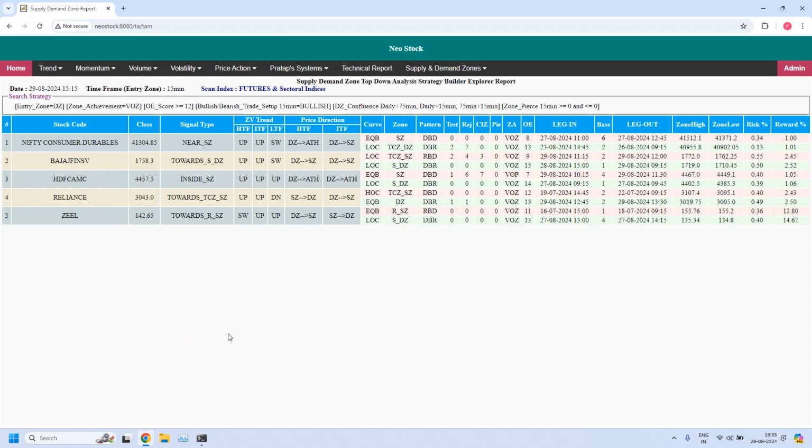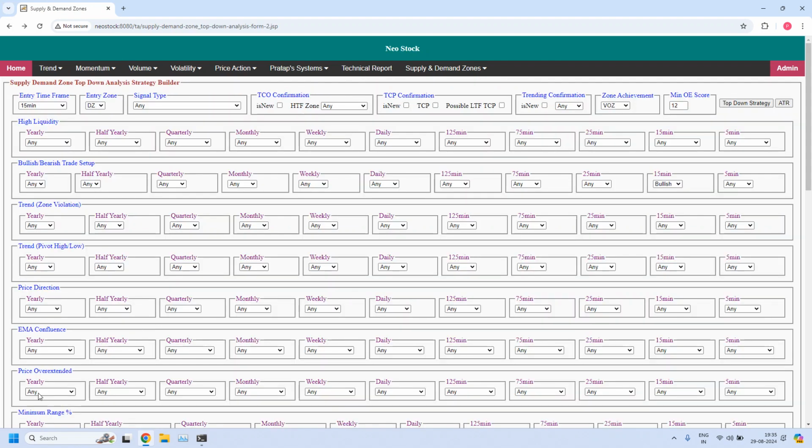Now they are overlapped with the daily. Let us check how many are having daily EMA confluence, because all the daily trend is up, except only one stock. If this stock is filtered, we can ignore it, because always the trend should be uptrend. Because the daily trend is uptrend in the first 4 stocks, let's verify if any of these stocks are having daily EMA confluence. So in the EMA confluence, in the daily time frame, the daily zone is having daily EMA confluence.